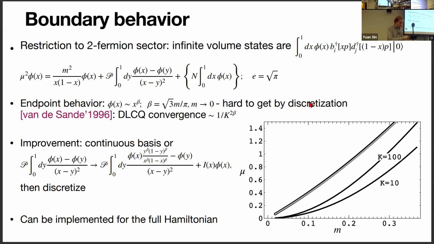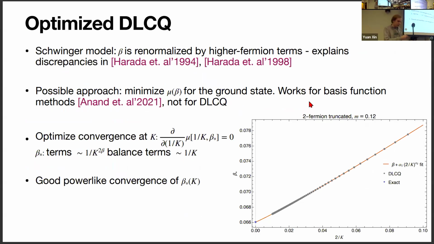This also works quite well, and a similar thing can be implemented for the full Hamiltonian as well. But there is still one caveat: this power beta is actually renormalized by terms with high fermion number. In the past, some of the work didn't take that into account, so there are some discrepancies.